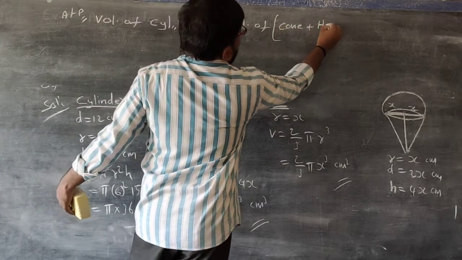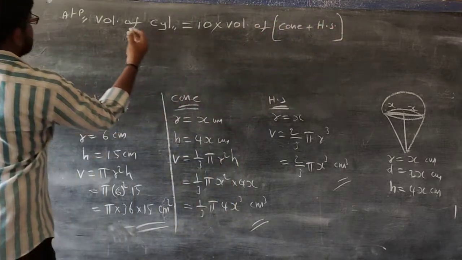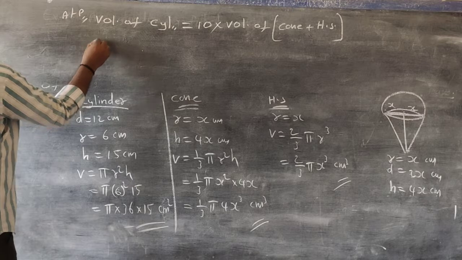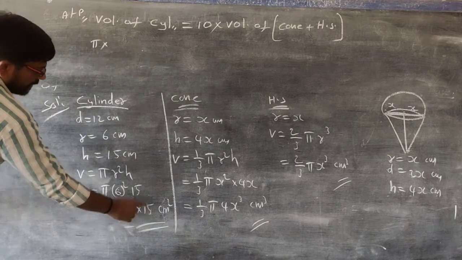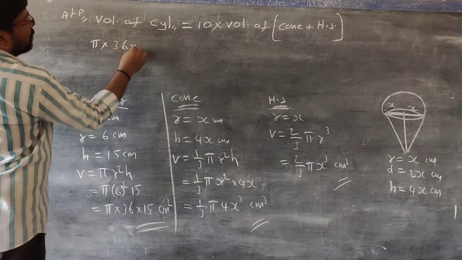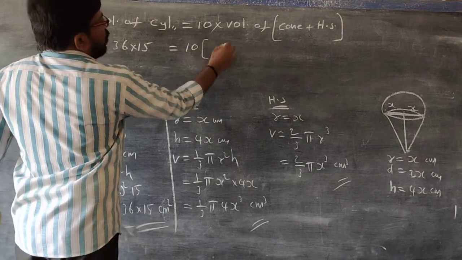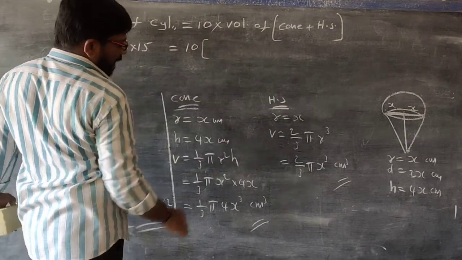Cone plus hemisphere, right? So now substitute the volume of cylinder: pi into 36 into 15 is equal to 10 into volume of cone plus volume of hemisphere.